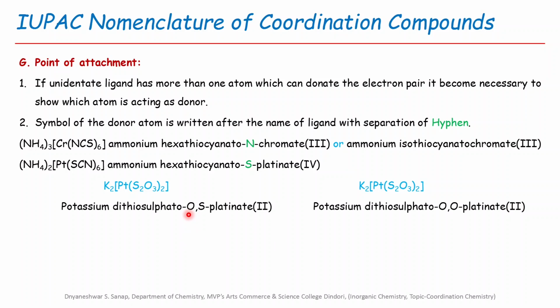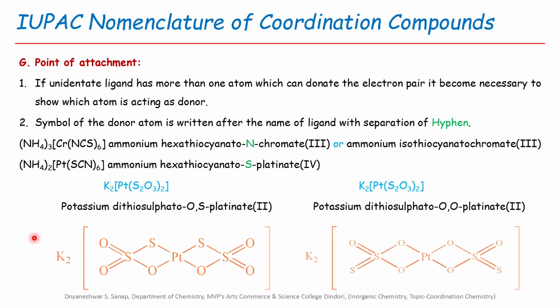Here in the first case the attachment is via oxygen and sulfur, and in the second case the donation is via oxygen atoms. The structure of both coordination compounds is like this. In the first case the sulfur and oxygen donate the electron density, but in the second case a total of four oxygen atoms donate the electron density. That's why here oxygen appears 2 times, and there 1 time oxygen and 1 time sulfur.